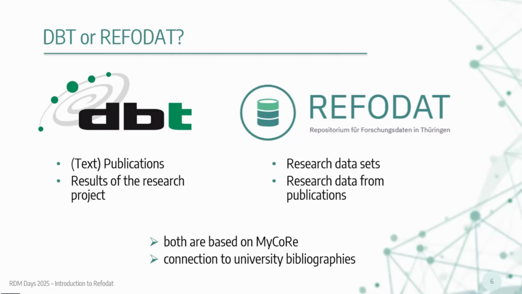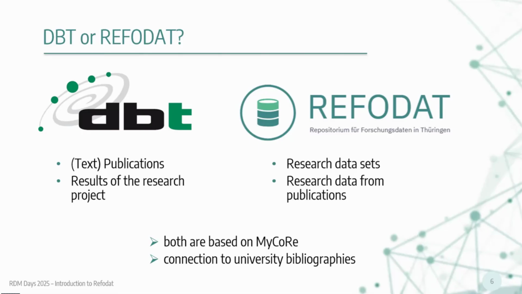They are both based on the same system and are both connected to our university's bibliography systems and indexed in those. So there are some similarities, but different use cases for these two infrastructures.